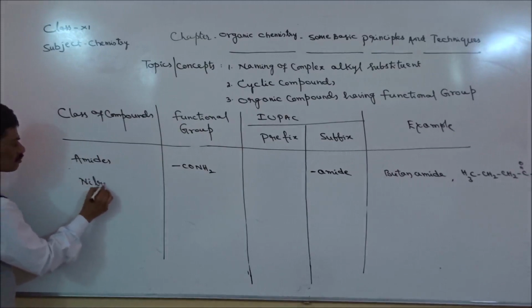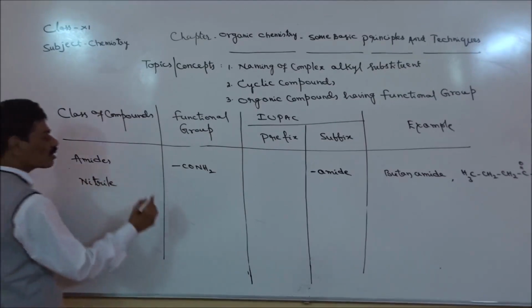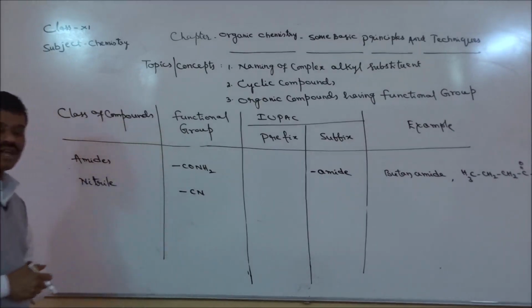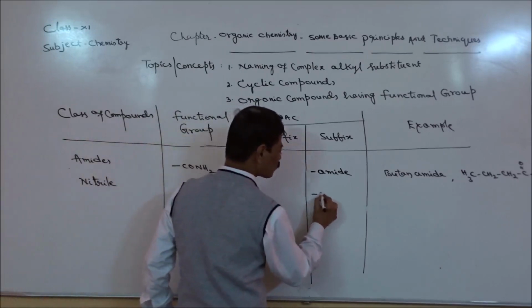The next class of compound is nitrile. The other name of nitrile is cyanide, which is a deadly poisonous substance, and its functional group is CN. And the name of the compound ends with nitrile, so it is the suffix.